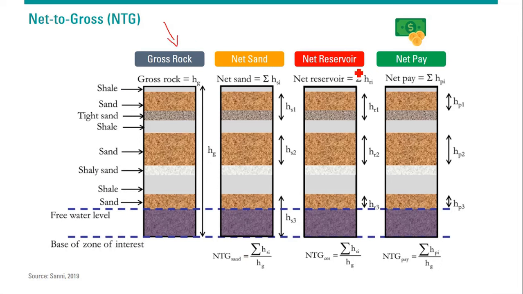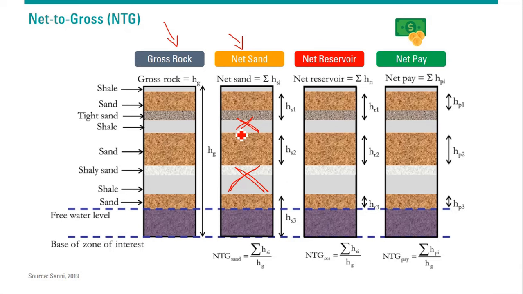And then we eliminate the shell. The shell zone will not be calculated. So we have net sand. Okay, you can see net sand 1, net sand 2, net sand 3, because we don't calculate the shell. Because shell will not be reservoir.